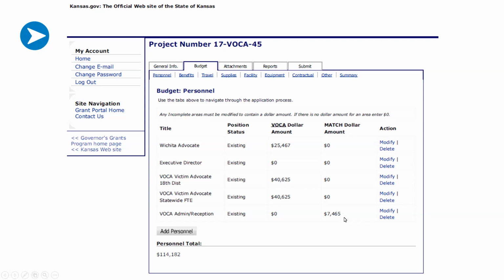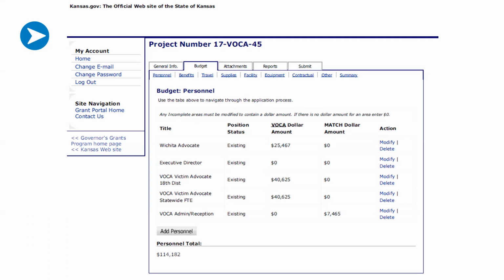So in this particular grant, we're asking the grant to pay for an advocate, a district advocate, and a statewide advocate, and that total is listed down here at $114,182.